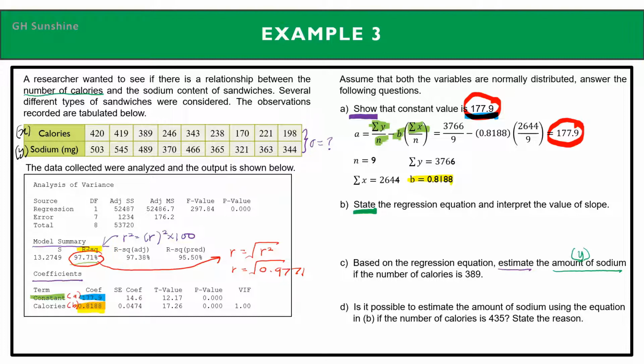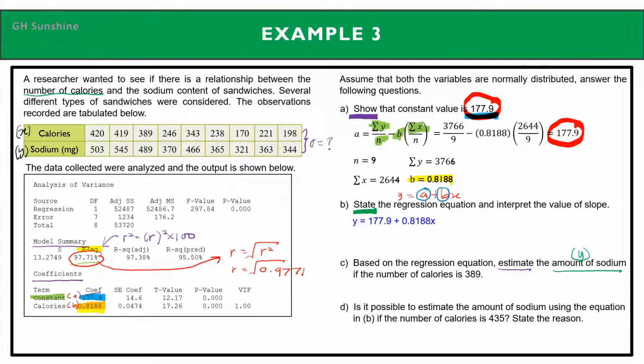So look at the coefficient here, A and B. So what is the general form of the regression equation? y equal to a plus bx. So substitute a, substitute b.